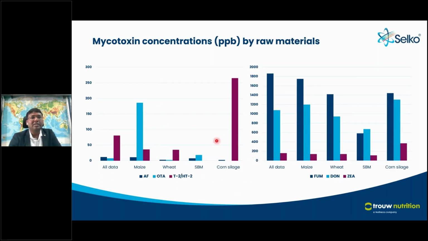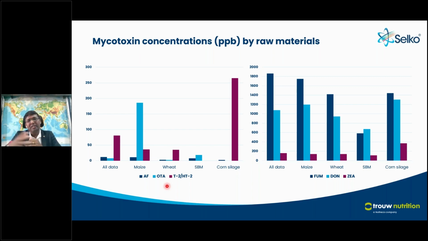We're looking at different toxin concentrations. Again, this is important, concentration for animal toxicity. If you look at all the data, I have classified these toxins into two groups: afla, OTA, and T2 as one group, and fumonisin, Dawn, and ZIA as another group, because the level of the concentration is so different between these six toxins.